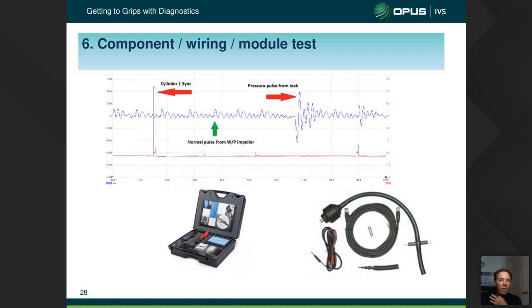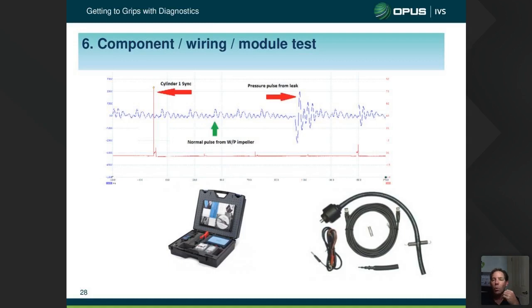So what we did was we put a second channel on the scope, connected it to number one coil just so we had a cylinder one sync, and then we could work out where that was occurring in the cycle and how close to cylinder number one it was. So we could see these normal pulses from the water pump there. Once we had a number one sync, it was quite easy to drag some 360 or some degree rulers across on the scope.